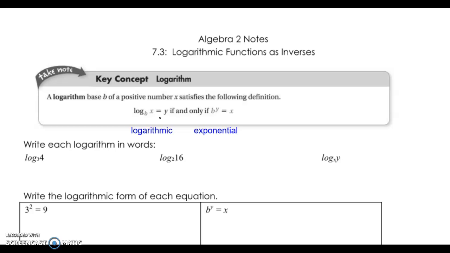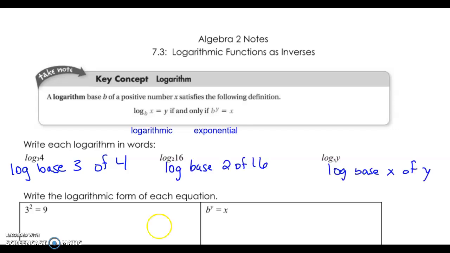The first one in words is log base 3 of 4. That's exactly how we write it out: the logarithm, or log for short, at base 3, log base 3 of 4. Go ahead and do the next two. Pause the video. Log base 2 of 16 and log base x of y.